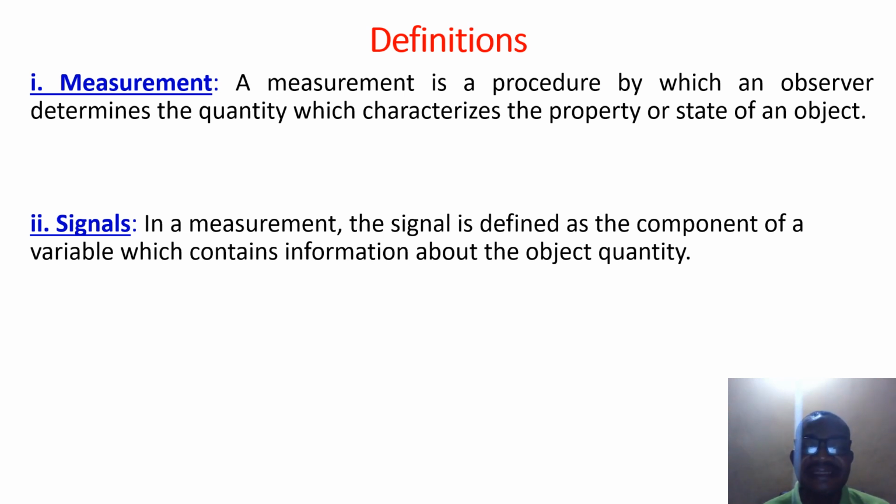In a measurement, the signal is defined as a component of a variable that contains information about the object quantity.